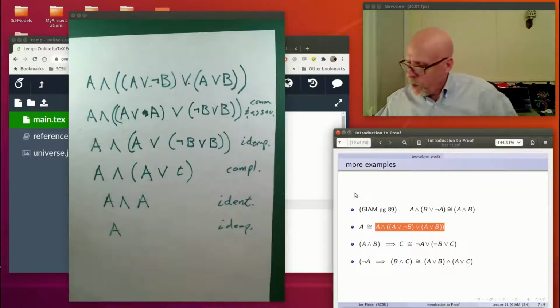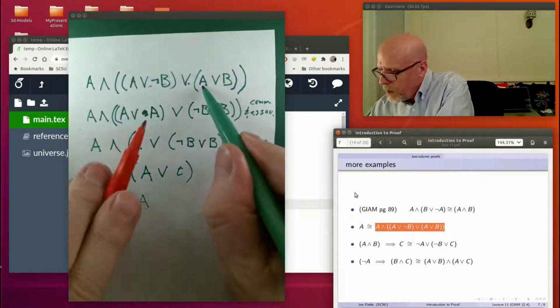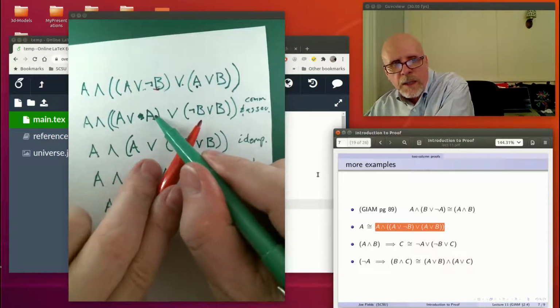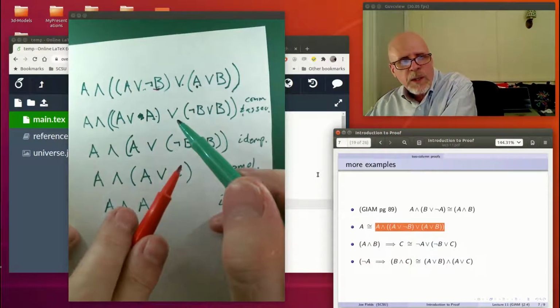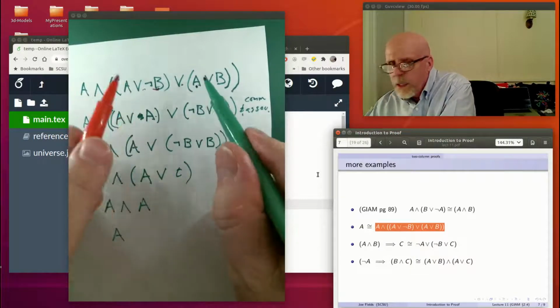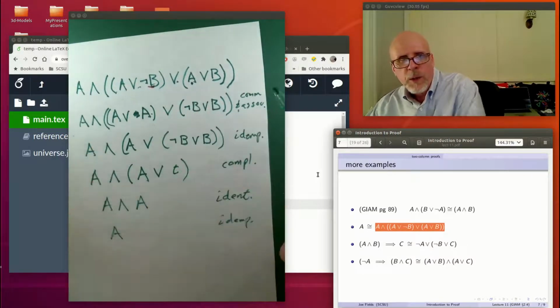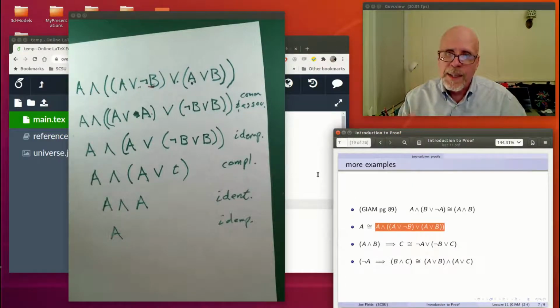I point at it with two pens. See how the A and the not B are there? But in the next line, I need them here. So what you really need to do is re-parenthesize so that you get those guys together. Then you can switch them, and then you can do some more re-parenthesizing. So it's really only one commutation, but there's a couple of reassociations before you're allowed to get to that commutation.